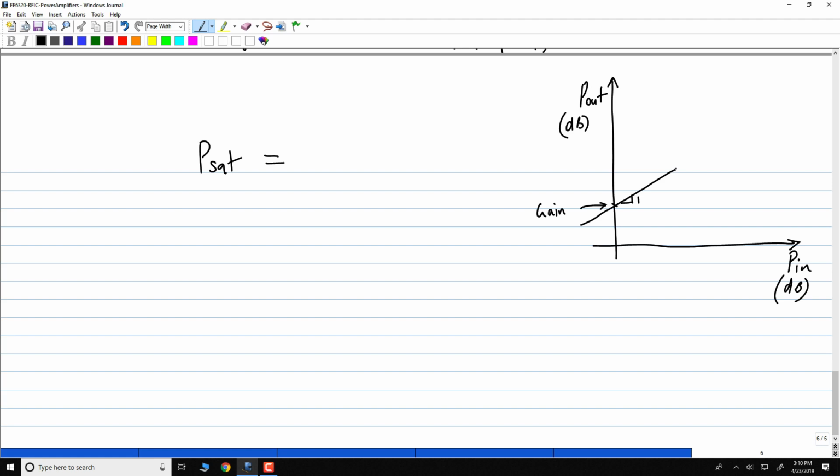And eventually it will start compressing. I think all of you already know about the 1 dB compression point. This is the input P1 dB, and this is the output P1 dB.